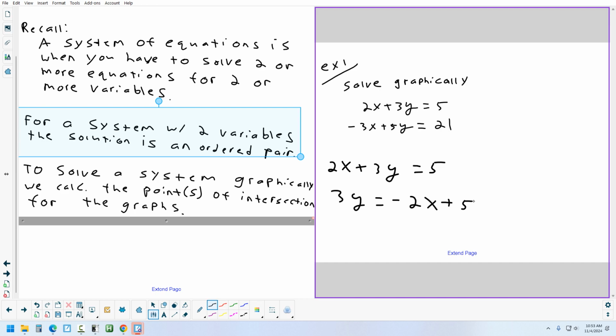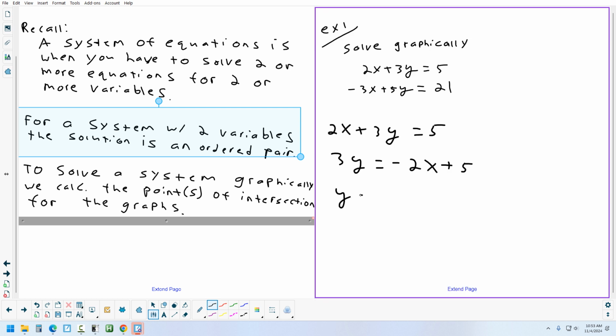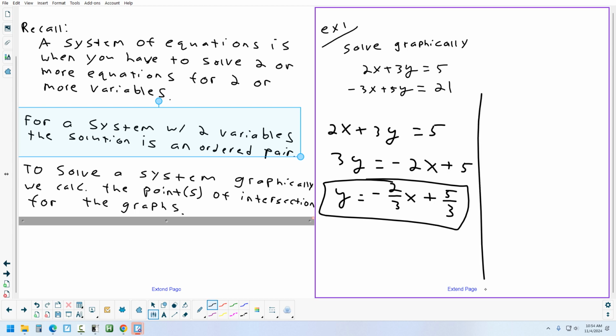Okay, these are both going to be lines. So I subtract the 2x, and what would be my last step? Divide everything by 3. Yep. So y equals negative 2/3 x plus 5/3. Okay, so there's my first one.